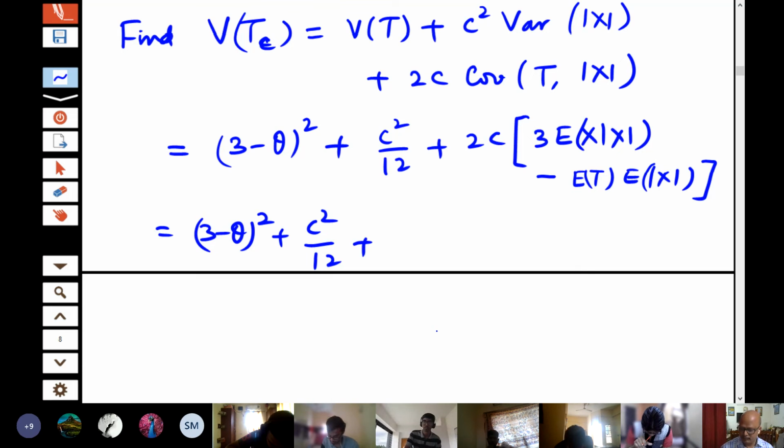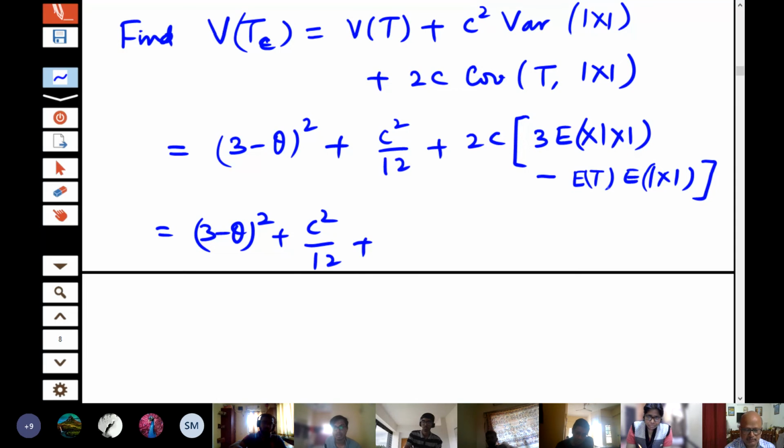Just check it again. Sir, expectation of x mod x is theta by 4. Theta by 4, correct. That is theta by 4. So this is becoming 3 theta by 4. Okay. And expectation of T is theta and expectation of mod x is half.